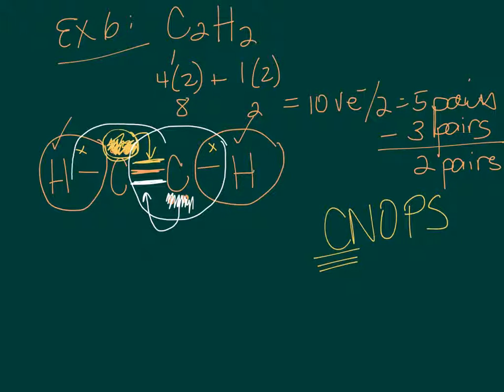So now, when I draw the new white circle, there's 2, 4, 6, 8 on the left, and 2, 4, 6, 8 on the right. Write in your notes, this is called a triple bond.